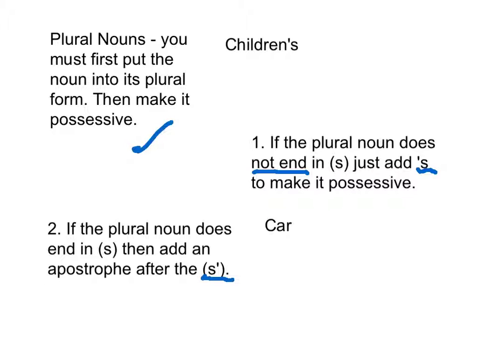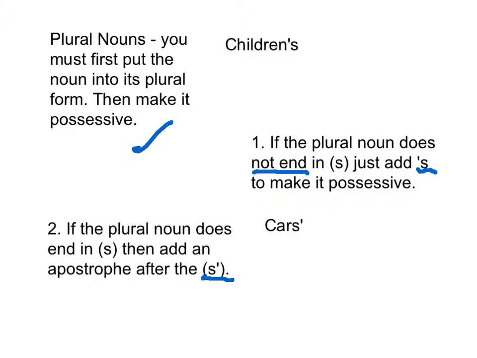And the way we put car into its plural form is we just add an S. Now we have it in its plural form. Now this is, if we look at rule number 2, a plural noun that ends in S. So all we do here to make cars possessive is we just add an apostrophe after the S. And now it's possessive.